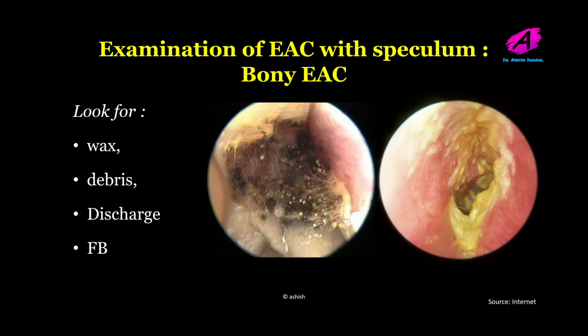Then in examination of the bony external auditory canal, you will look for presence of any wax, debris, discharge or foreign body, as you have seen in the cartilaginous part. Here you can see debris with fungal hyphae as well. This is a fungal otitis externa or otomycosis, and here you can see discharge in the external auditory canal.